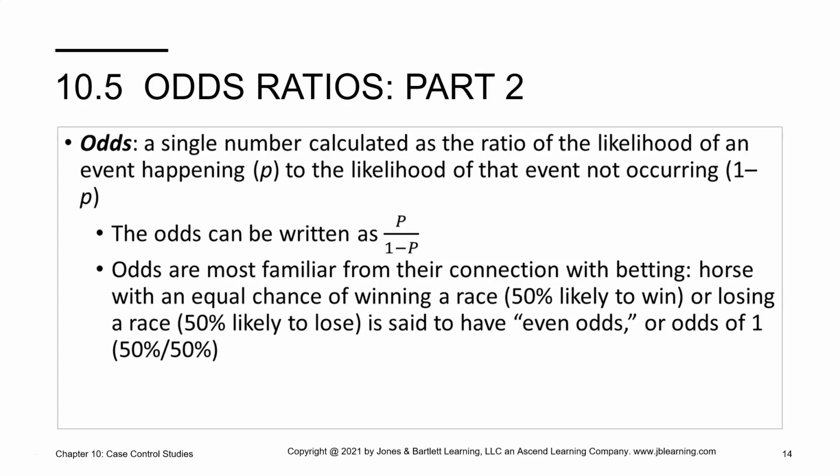And so the odds is P over 1 minus P. Now when you think about odds, you may be thinking about horse racing. A horse with an equal chance of winning a race is 50% likely to win. He's also 50% likely to lose. So if you take 50% and divide it by 50%, your odds are even. So the odds are 1.0.